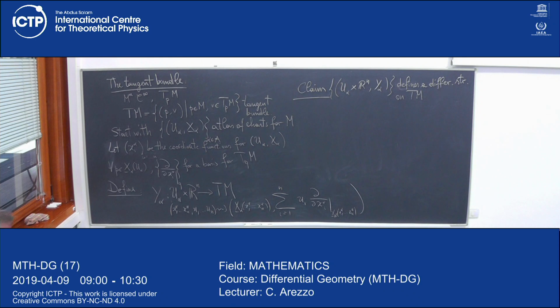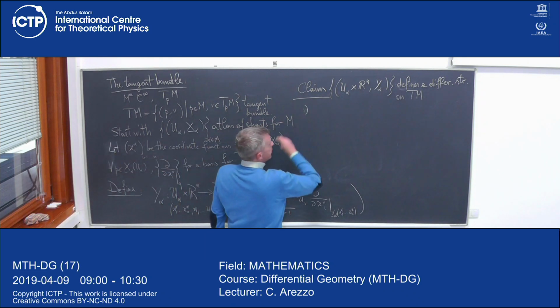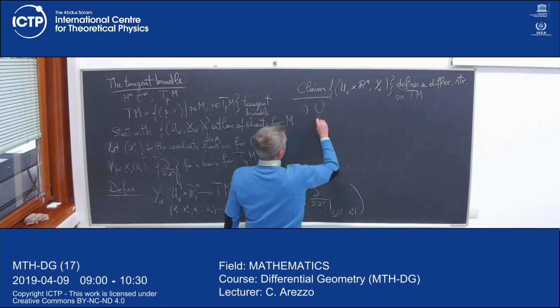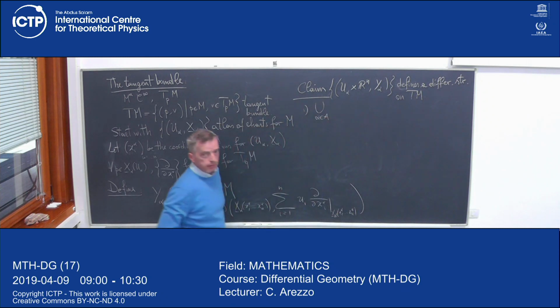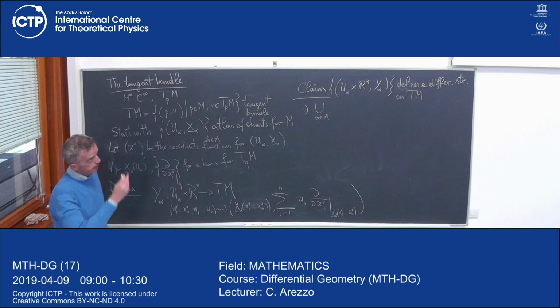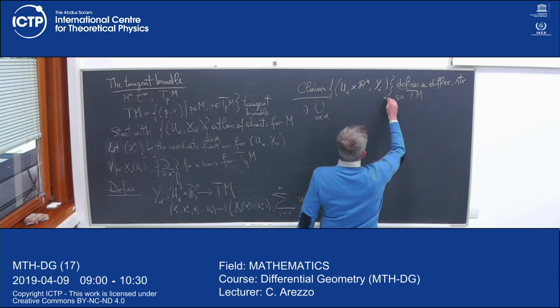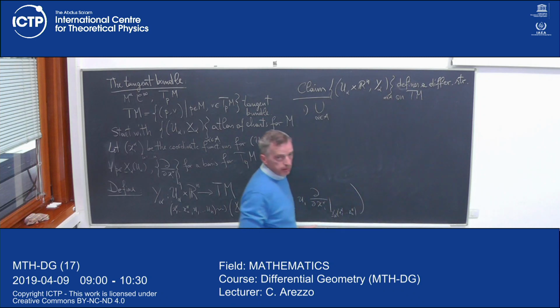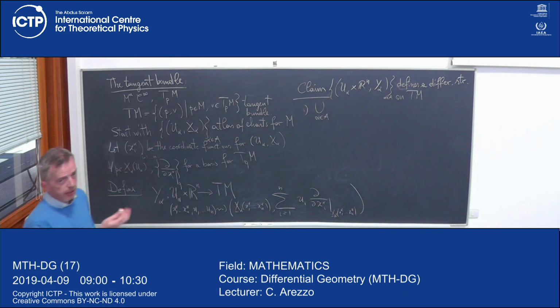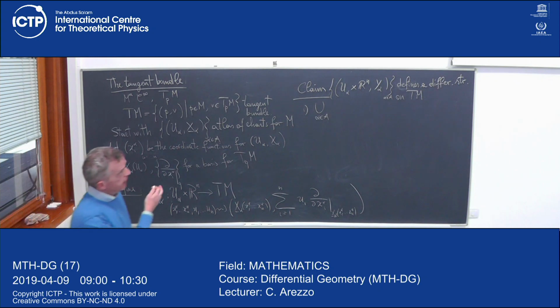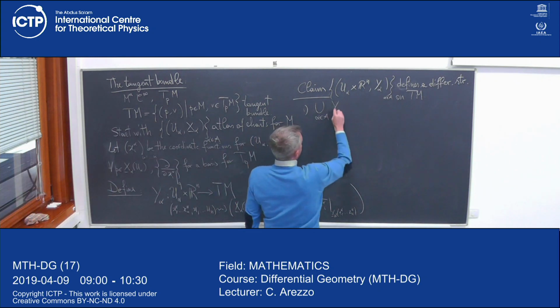So what do I have to check? The first thing is that, of course, they cover, so the union over all of these candidate charts. Here the set of indices will range in the same space as before, for any alpha as before I have a new chart. So first I need to prove that they cover everything.